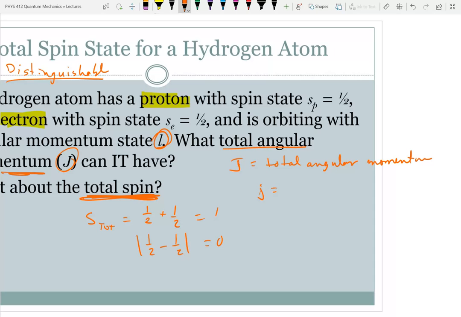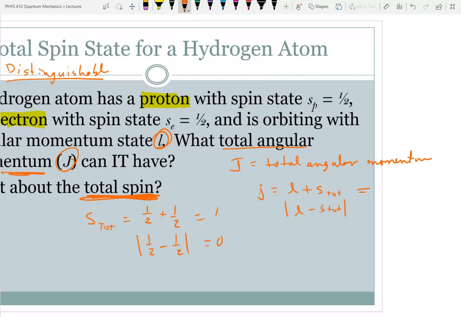Let's say S squared. It turns out the same rule that we have for the spins will apply for the angular momentum. So j could be anywhere between L plus S total to the absolute value of L minus S total. So I have two options now because I had S total of 1 and S total of 0.